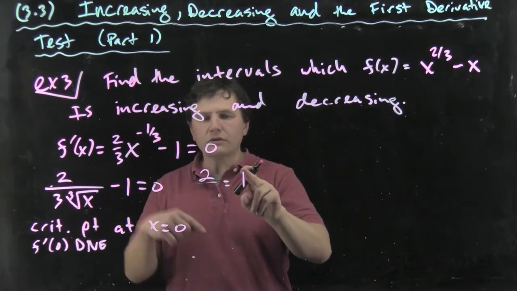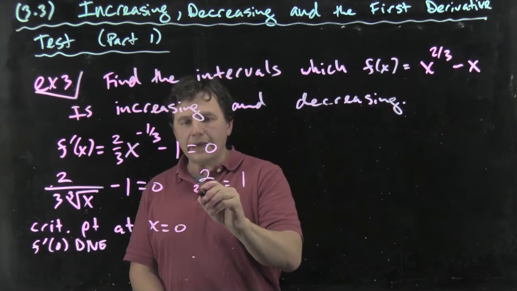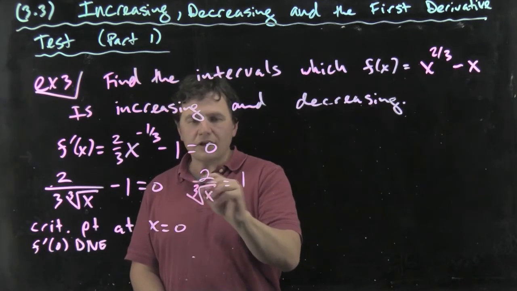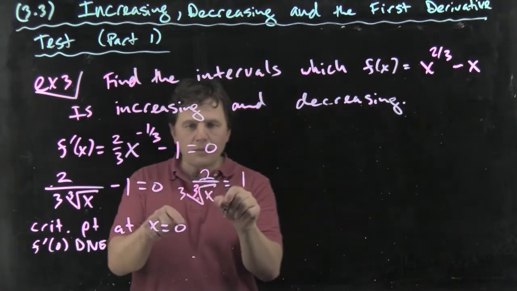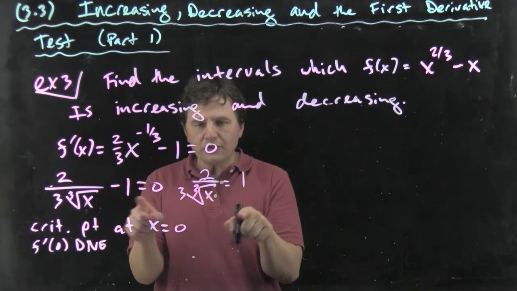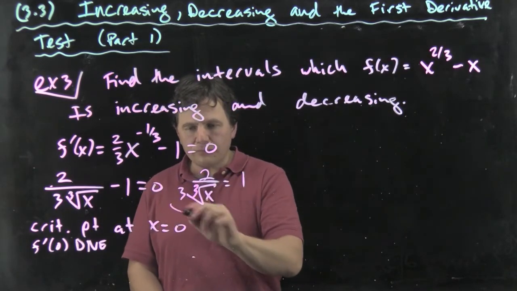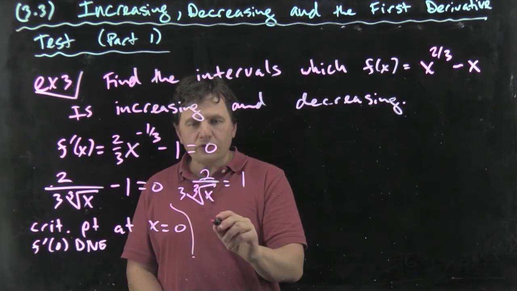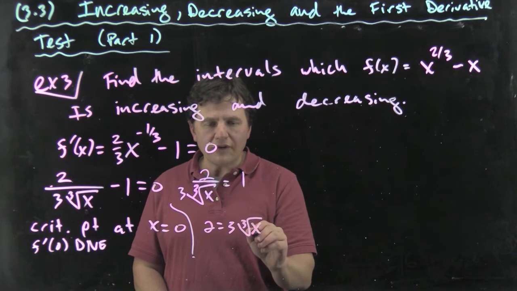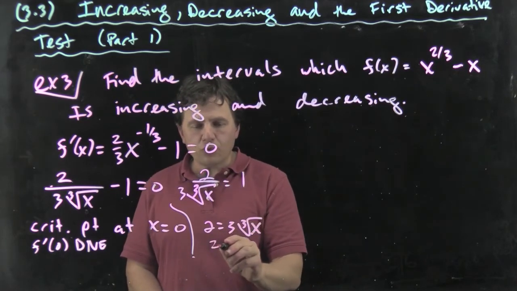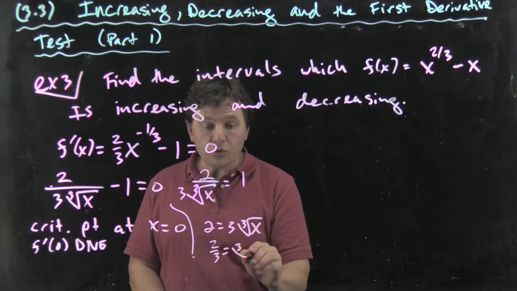I think I lost the 3, so 3 times the cube root of x, sorry, it's a little bit messy. I'm just moving this one to the other side. So let me just finish this up. This will give me 2 equals 3 times the cube root of x. So then I get 2/3 equals the cube root of x.